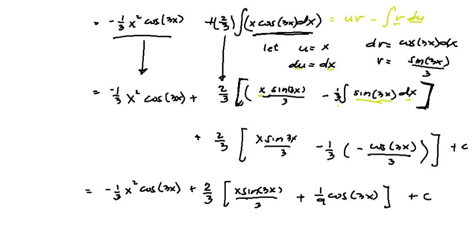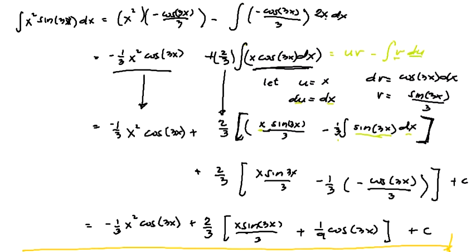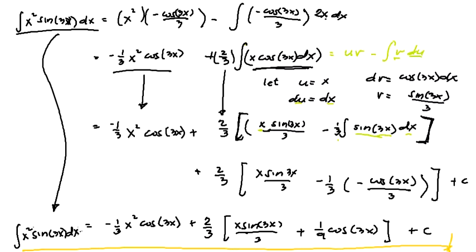You can leave it this way, or you can further simplify our answer. Basically the integral of x squared sine of 3x dx is this part.